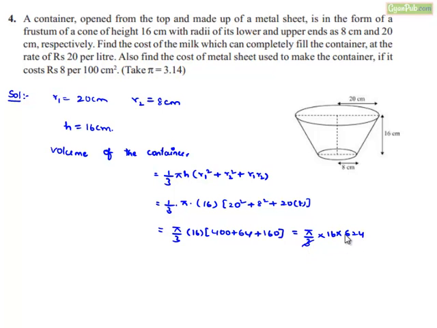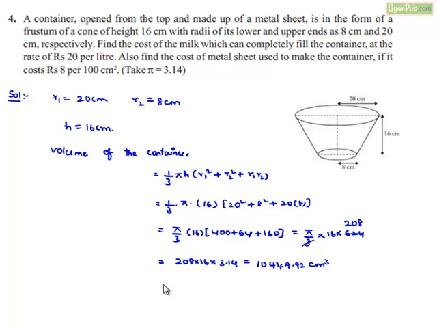Here 3 goes in 624, 208 times, and 208 times 16 times pi value, 3.14 to be considered, and this value is equal to 10,449.92 centimeter cube.